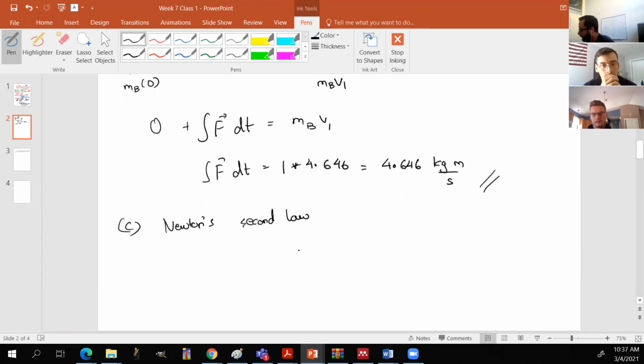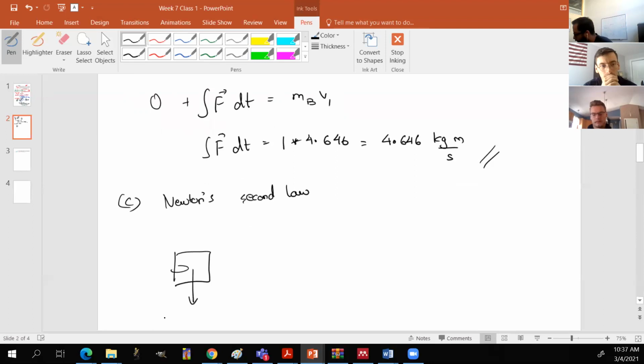I'll have my free body diagram for the bullet that's imparted onto the thing. I'll have the weight, which is MA plus MB times G. Then I'll have the tension in the cord right after impact. And here, it's best to look at normal and tangential components, because you have a circular path, and you'll see in a minute why.